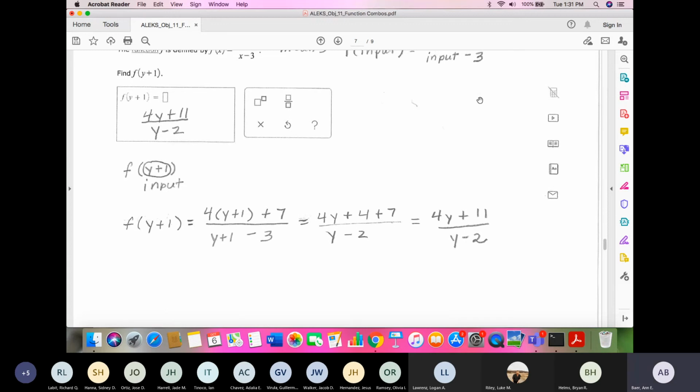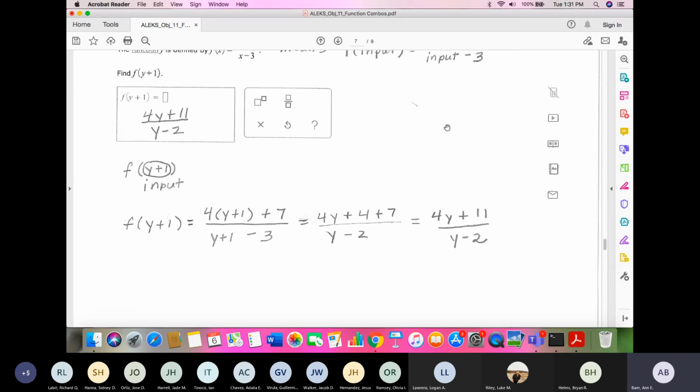So according to PEMDAS, now we want to make sure we simplify this. You do not, in this class, want to cancel terms. So for example, I don't want to cancel this one with this one. Can't cancel terms. In algebra, you can cancel factors. That's why we spend a lot of time working on factoring.